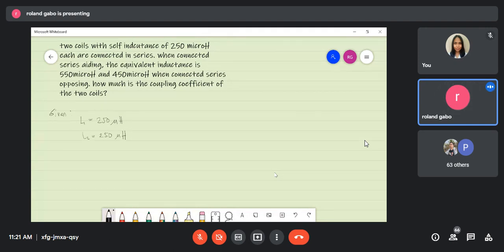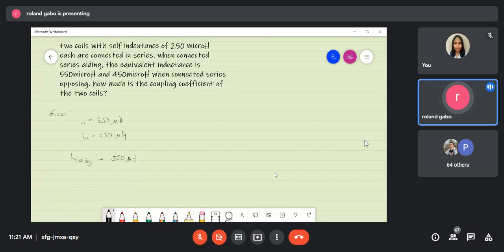So when connected in series aiding, the equivalent is 550 microhenry. So L total aiding is equals to 550 microhenry.